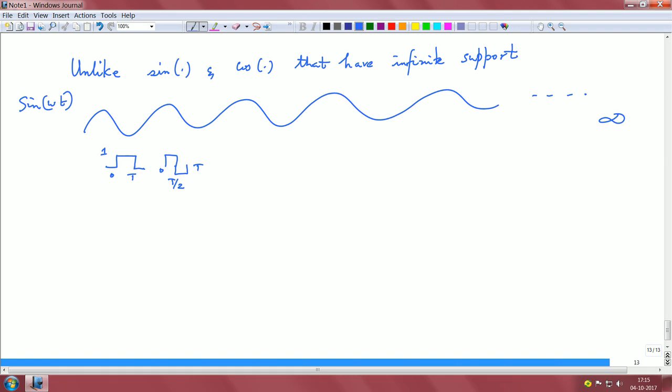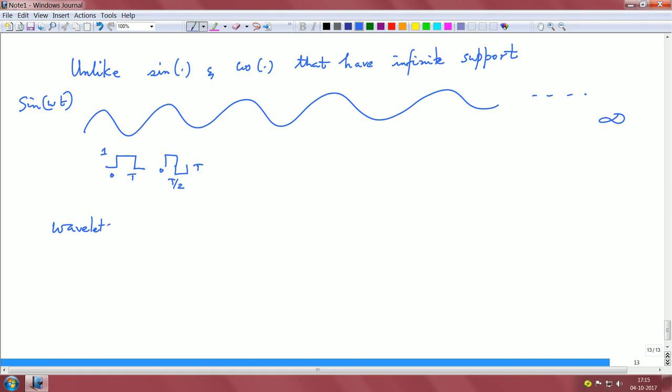Over the interval 0 to t, both of these signals are orthogonal to each other, because the pi here cancels this. You take the inner product of this and this, it is 0, right. But now these are also bases in some signal space, but they are finitely supported, and they do not go to infinity, right.